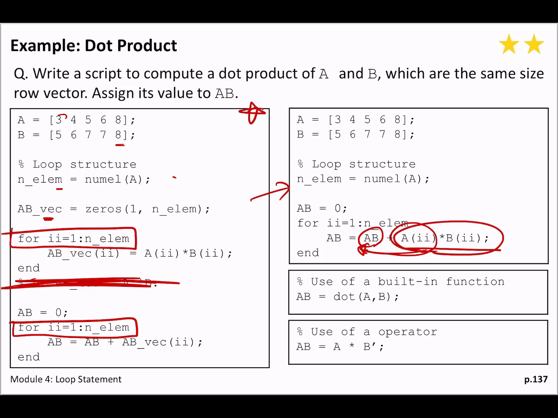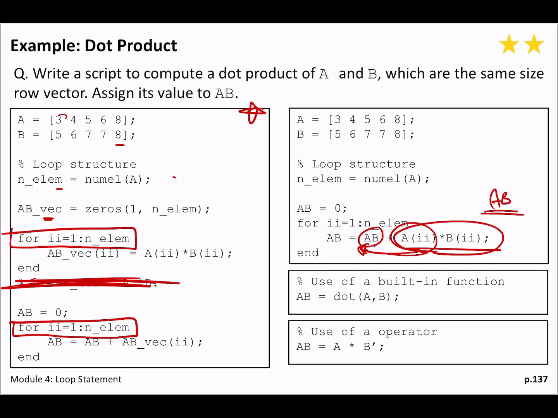Then the final AB value is the same as this one. Can you see this improvement or the changes? Okay, good. However, there is a much simpler way to do this operation.